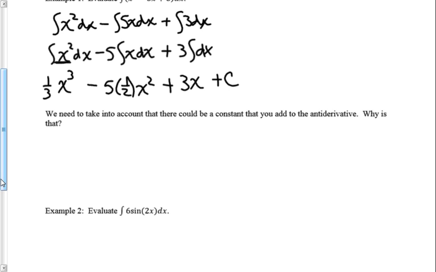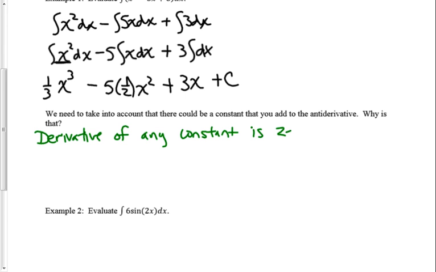Well, when I'm taking the derivative of a constant, it's 0. So the derivative of any constant is 0. Which means at any point I could have any number there, 5,000, negative 2.3, anything, but when I take the derivative of it, it doesn't appear anymore because the derivative is 0.